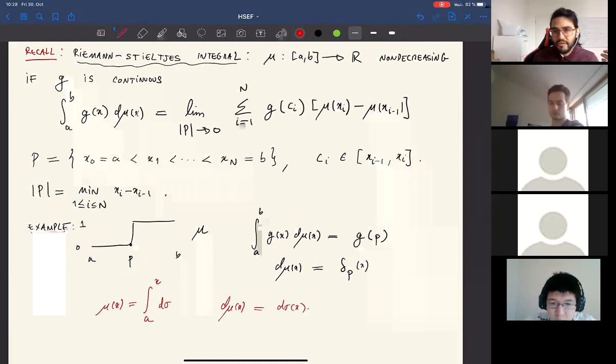But de Branges likes to use the point of view of starting with a non-decreasing function, and then you obtain a measure, not from the opposite side.